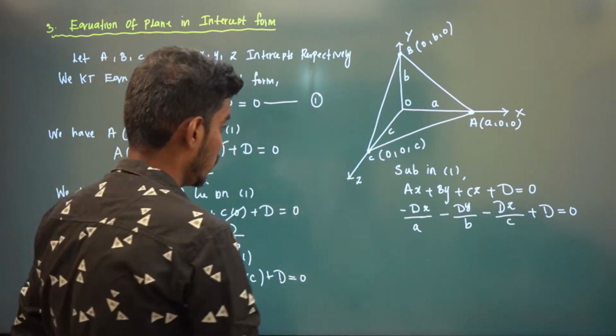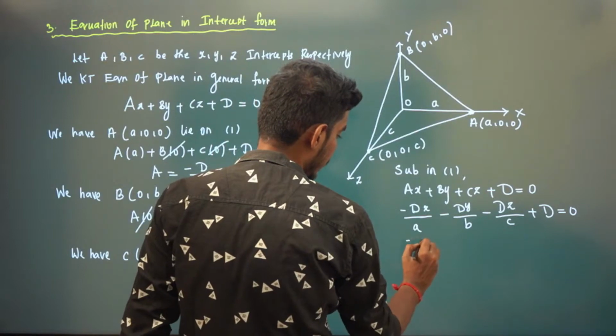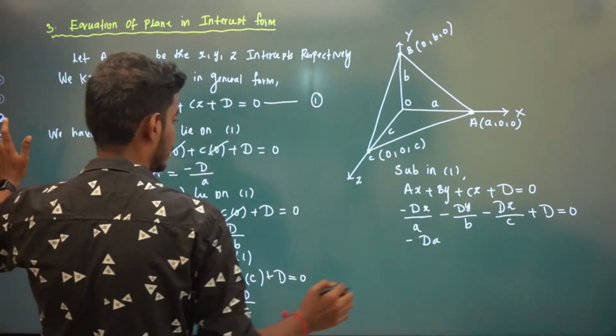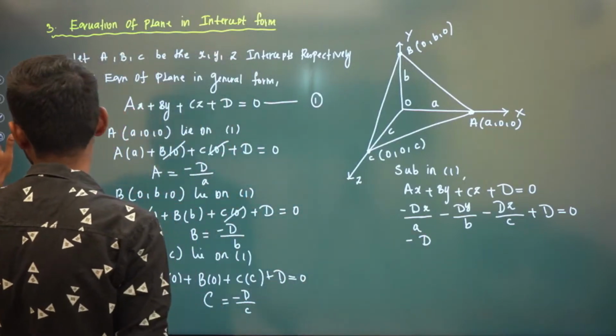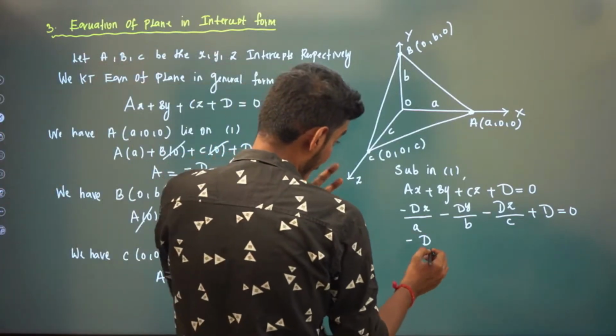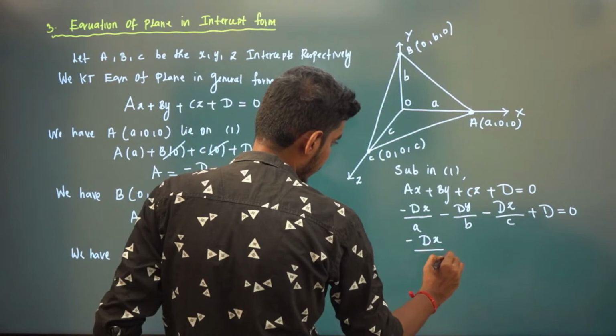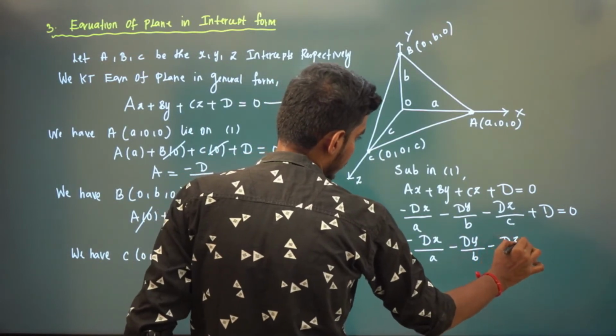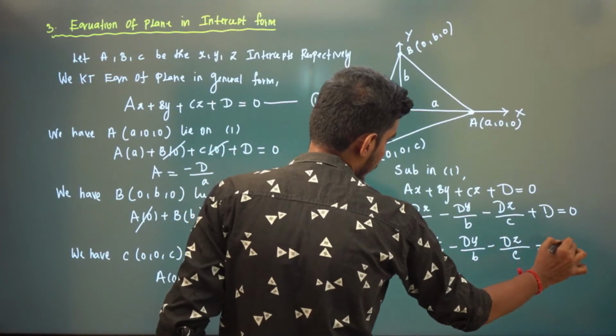Okay, now we take this d to that side, so we have minus dx by a minus dy by b minus dz by c is equal to minus d.